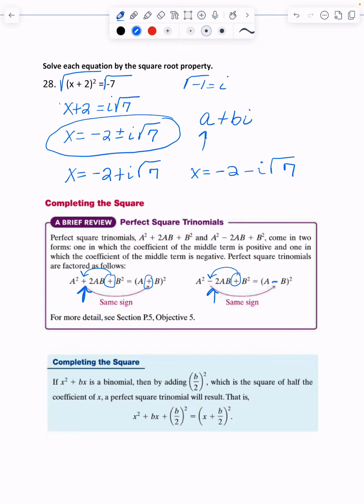Completing the square says if x squared plus bx is a binomial, then if I take half of the middle term, that's what b over 2 means, and then square it, I can write it as a perfect square trinomial, which can be written like that. What that's going to allow me to do is, when I write it as a perfect square trinomial, I'm going to be able to take the square root like we were doing in the previous types of problems.